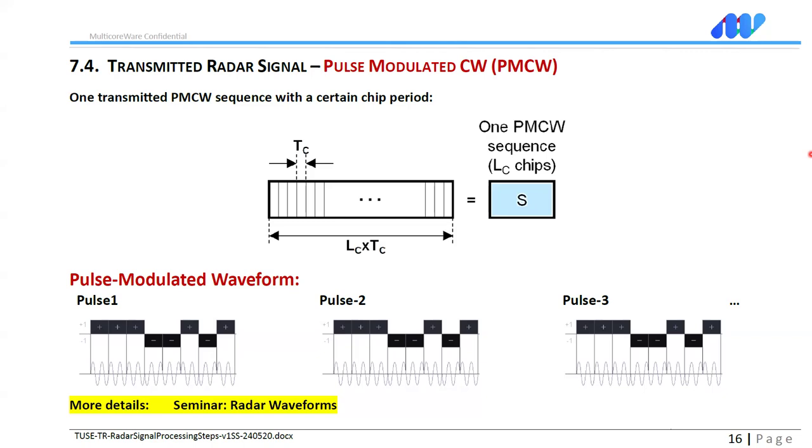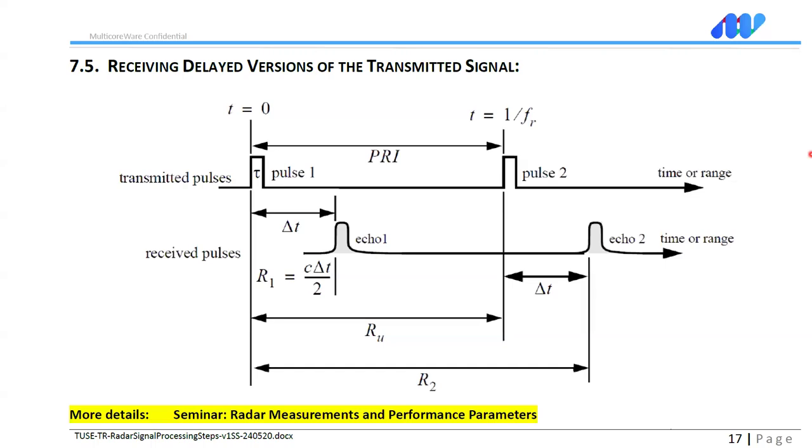Then you send these transmitted pulses, and if the radar is turned off, your receiver is recording what's coming back. Here you see how a transmitted radar pulse is reflected by, in this case, just a single target, creating a delayed version of the original signal.